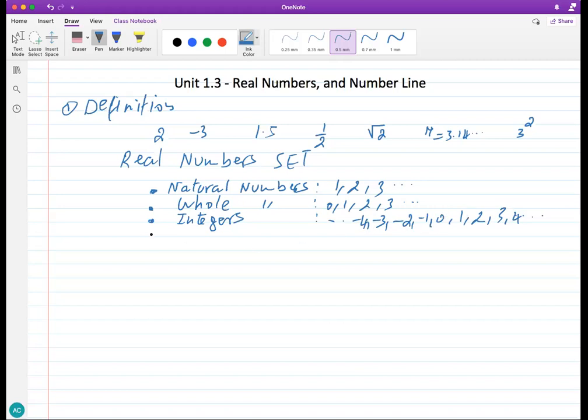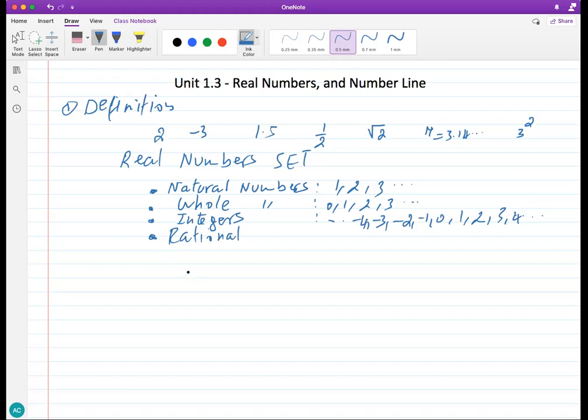No decimals yet. The next group is the group where we're going to include the decimals and fractions, which are pretty much the same, because when you divide a fraction, you get a decimal. So that group is called the rational numbers.